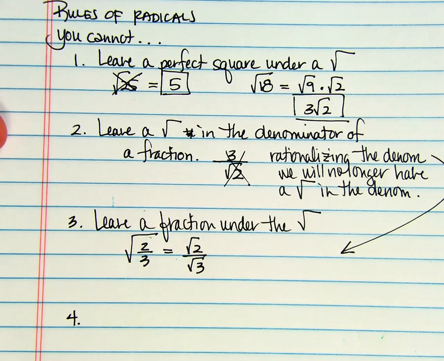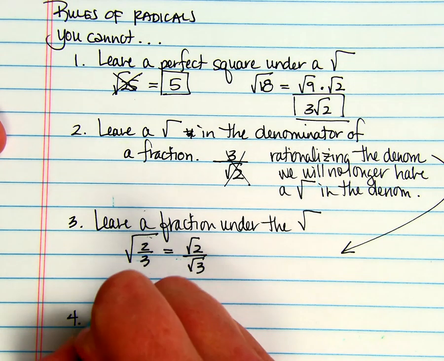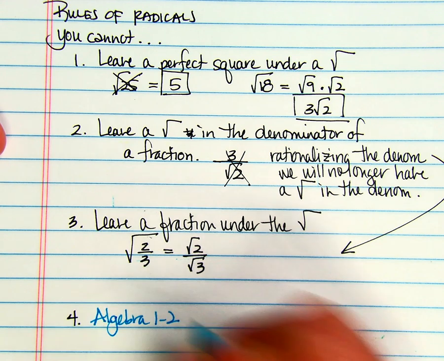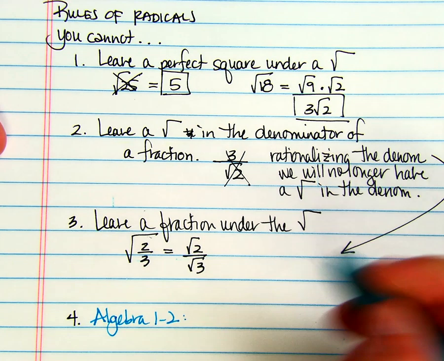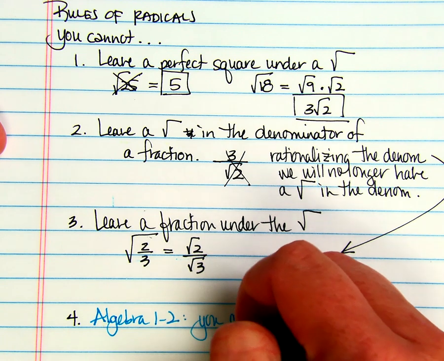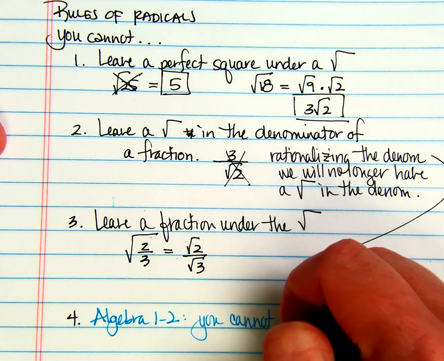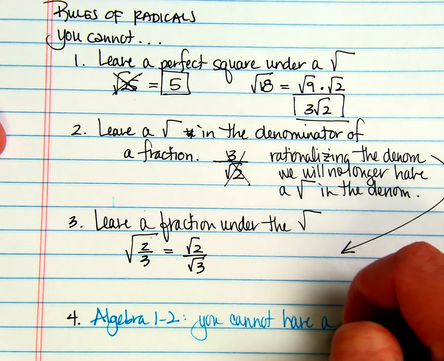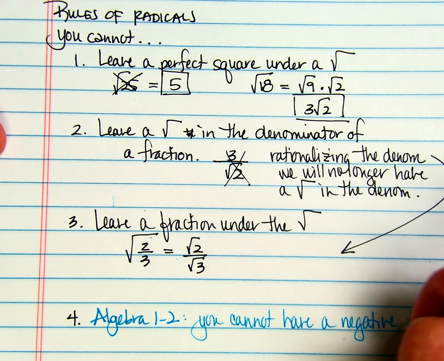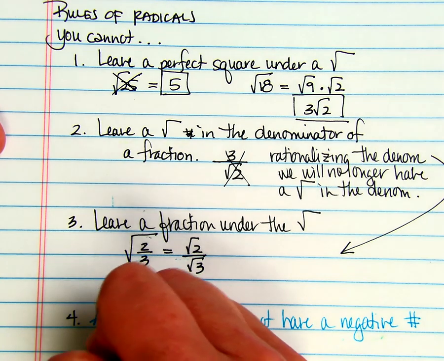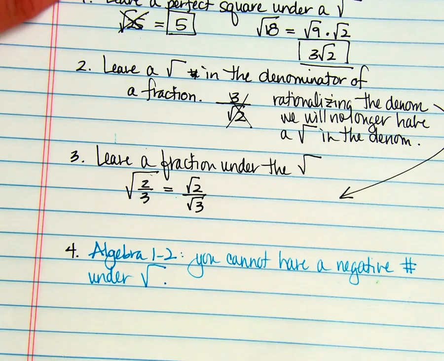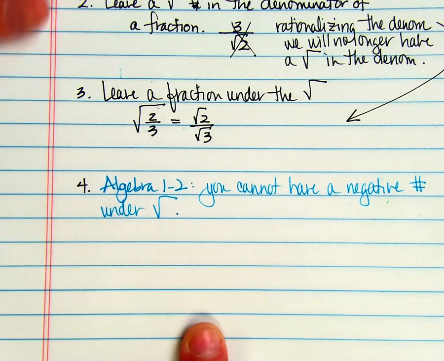And rule number 4, for our purposes, is an algebra 1-2 thing only. You cannot have a negative number under the radical. When you get into algebra 3-4, you can.